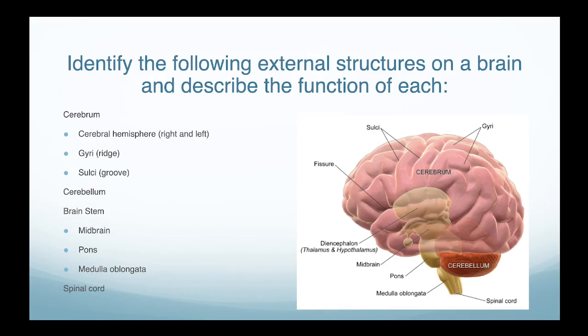And then occasionally you're going to have a really, really big canyon, and that's going to be called a fissure. So the fissure that's labeled here, for instance, is called the Sylvian fissure, which separates the temporal lobe from the parietal lobe and the frontal lobe as well. And then the brainstem is going to be subdivided into the midbrain, the pons, as well as the medulla oblongata. And then we're going to go into details moving forward here.